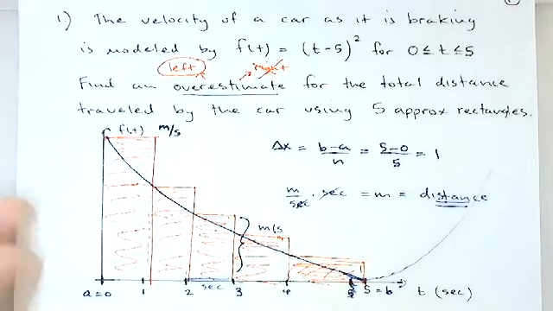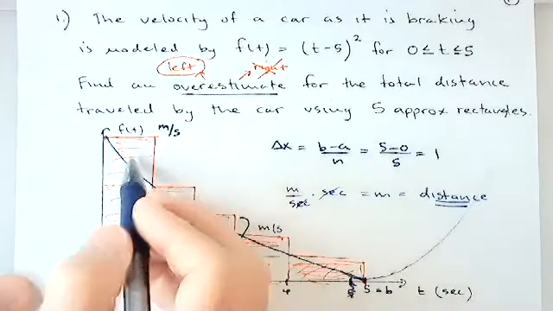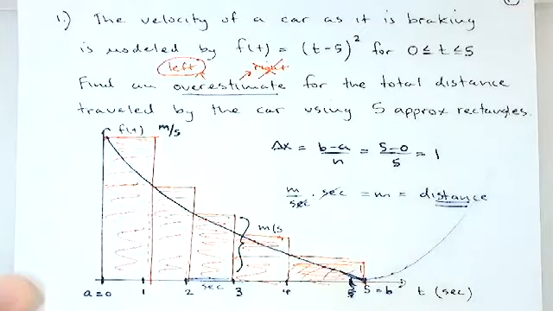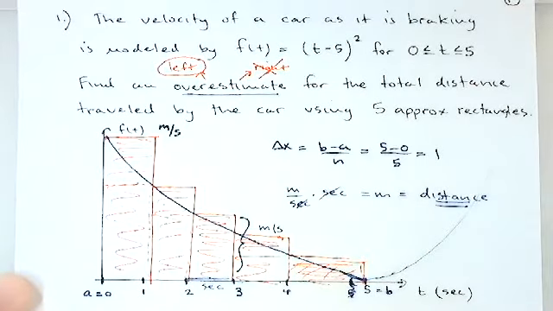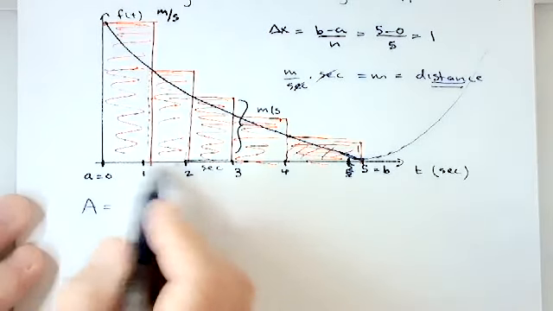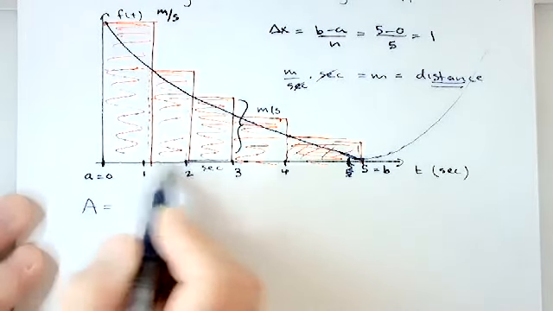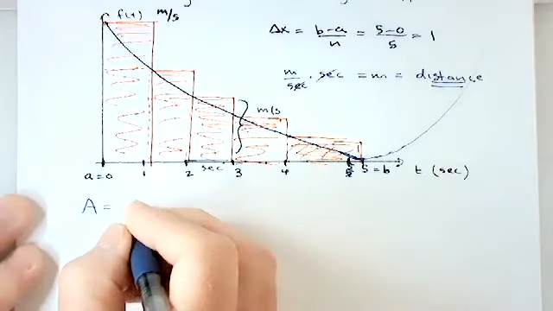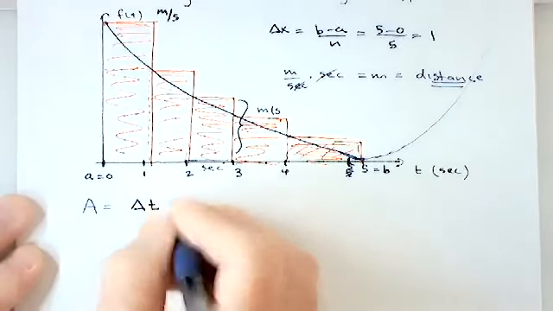So let's find it. We now know we're using left-hand endpoints, and to find this total area, I can't see anymore. I've got to move this up. I think if you were here on Wednesday and certainly in class, all of the rectangles have the same width, so we can factor that out. That would be delta t.